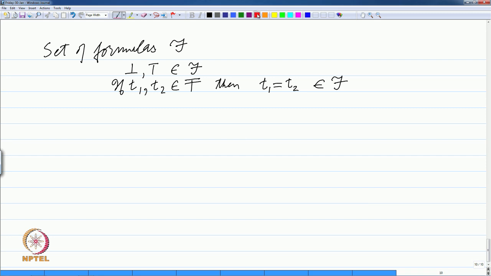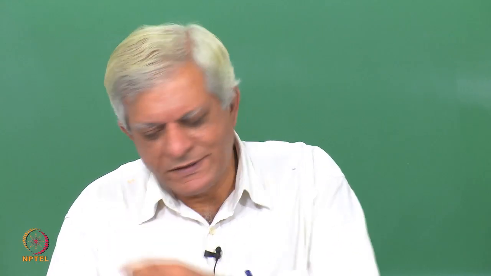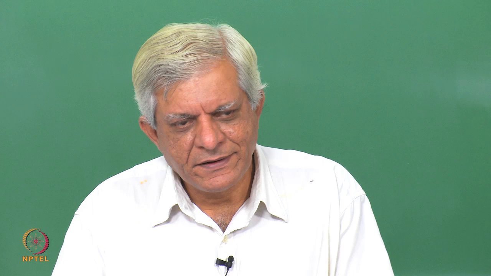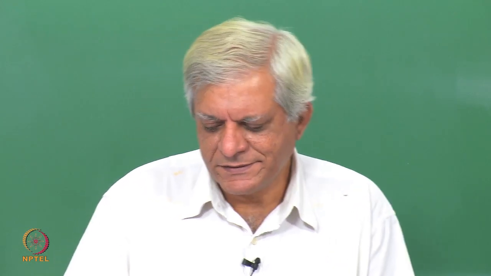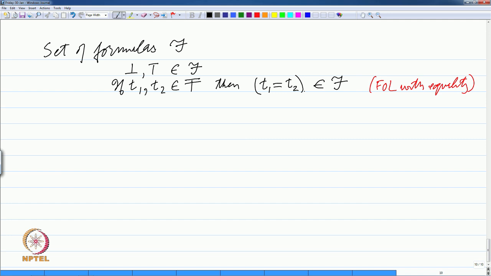This is obviously in the case where we have FOL with equality. So, whenever we have FOL with equality, we allow this particular formula in the language essentially. We can add brackets here for clarity, and it is often simpler to add brackets essentially.